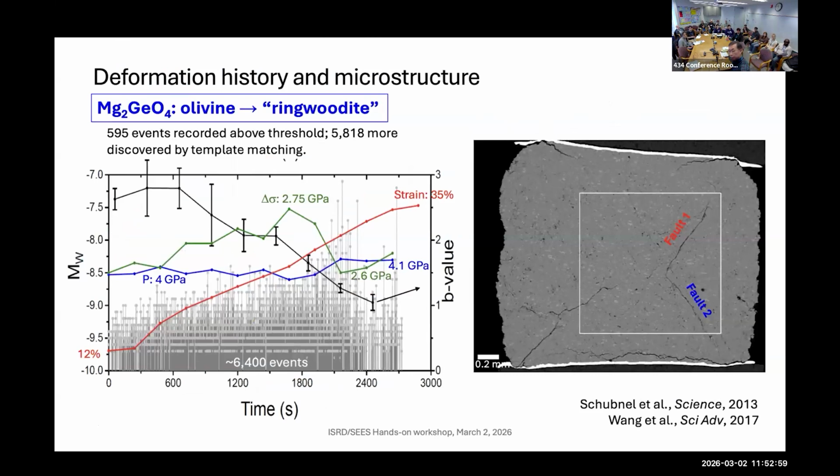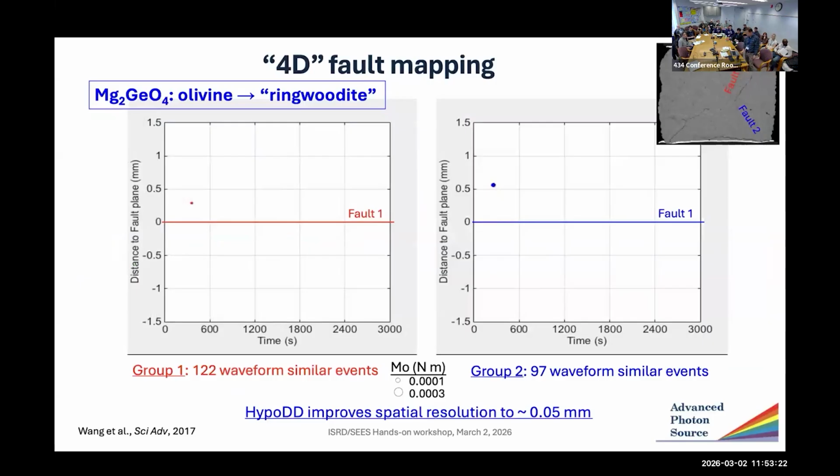These are the fractures that we observe after we recover the experiment. But during the experiment, you can see all these events. As you start deforming, the events seem to be lower, and then the rate gets higher and higher until at some point the sample just fails. And when we work with seismologists, we can actually locate these events.